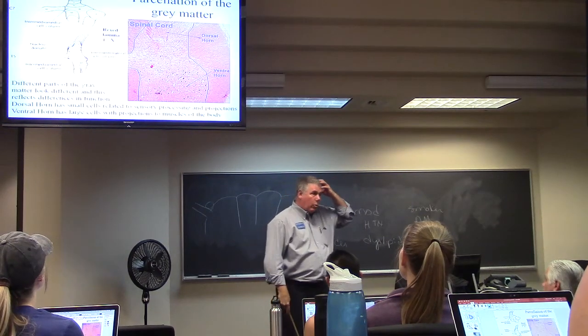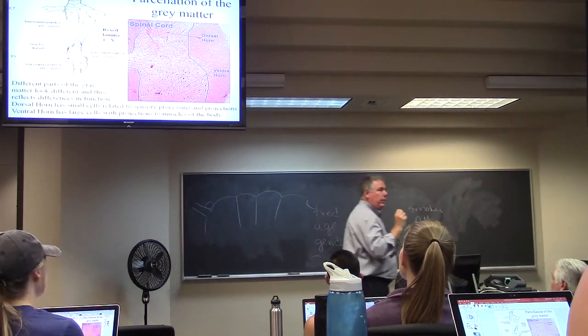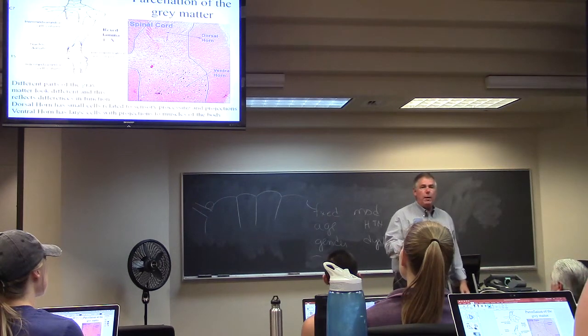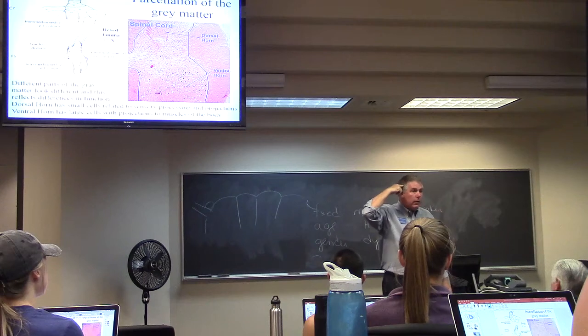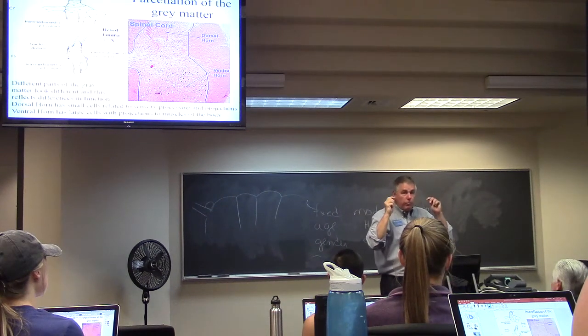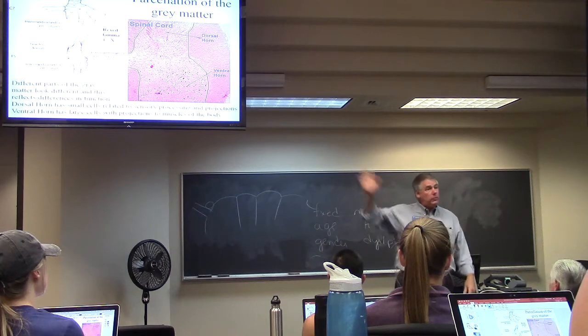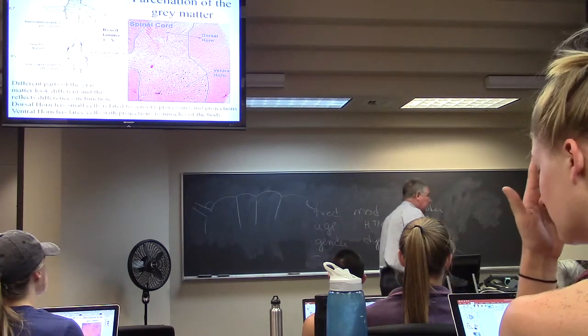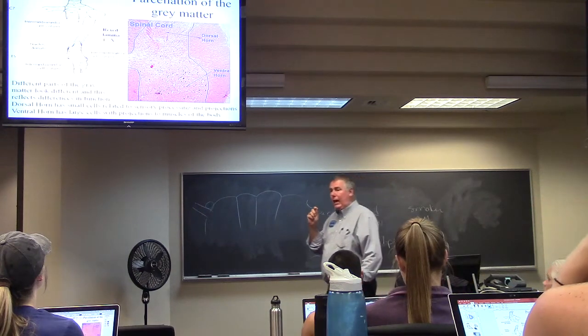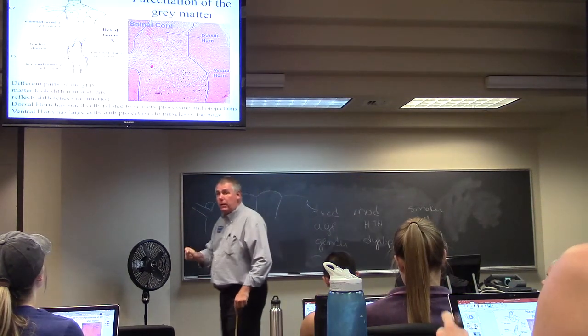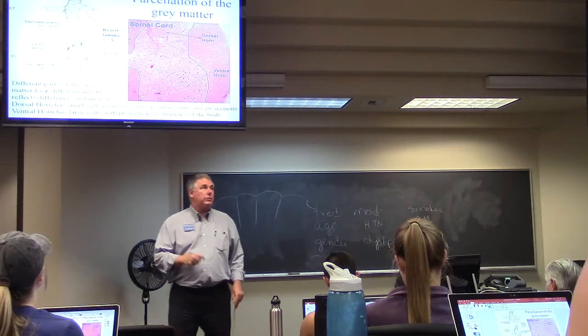If I look at your cortex up here and I say that you cannot move your big toe, I can say it's here and not there. It's very well mapped. Okay? So that's one of the points of this slide, that the architecture has a similar appearance and function.